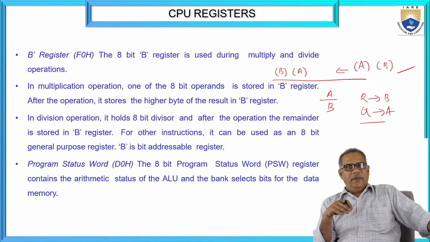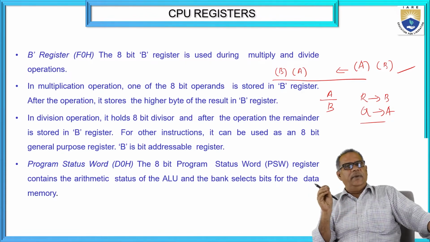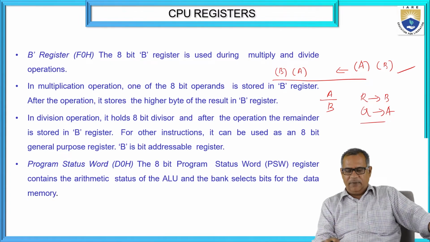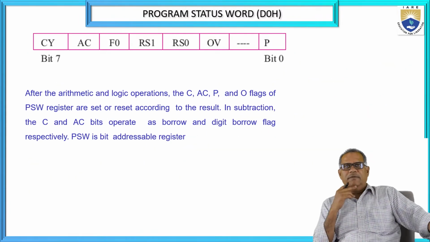Coming to the PSW register, the address of it is D0H, and it is an 8-bit register. It has a direct connection with the ALU, and depending upon the result of the operation, the individual flags of the program status word register are activated. So this is the format of the program status word register.